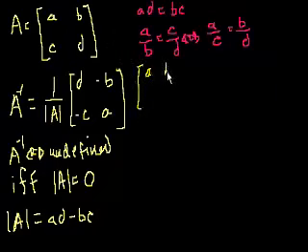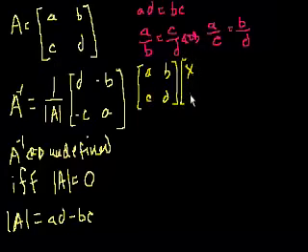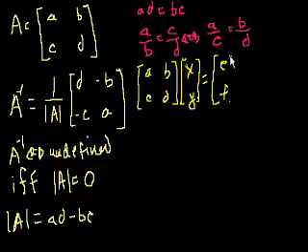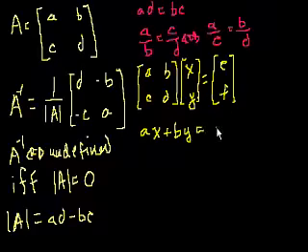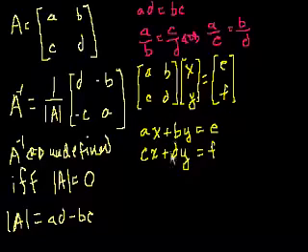So we have A, B, C, D times X, Y is equal to, I don't know, two other numbers that we haven't used yet, E and F. So if we have this matrix equation representing the linear equation problem, then it would translate to A times X plus B times Y is equal to E, and C times X plus D times Y is equal to F. And we would want to see where these two intersect. That would be the solution, the vector solution to this equation.